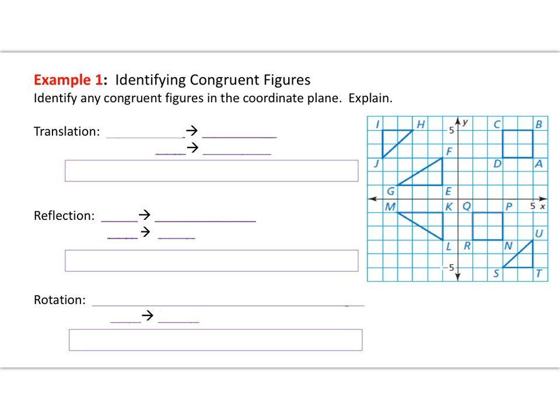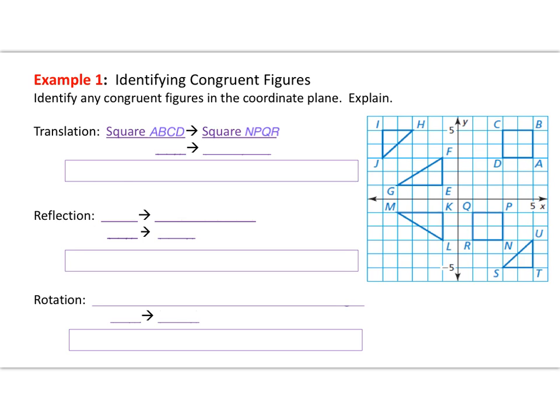All right, so let's consider example 1. Identify any congruent figures in the coordinate plane and then explain. It looks like we've got two squares that are related by a translation. So either ABCD shifted left and then down on top of NPQR, or vice versa.